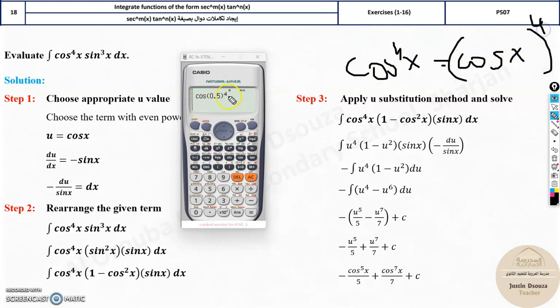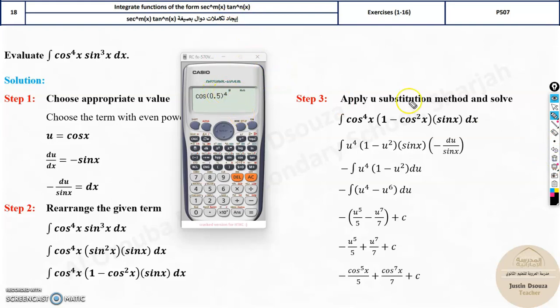You can put brackets as well, it's the same thing. Only when it is cos x power 2, it will be 0.5 squared inside. But now, since it is cos, it will be entire squared. I'll just put the brackets anyways. Even if you don't put the brackets, you will get the correct answer.